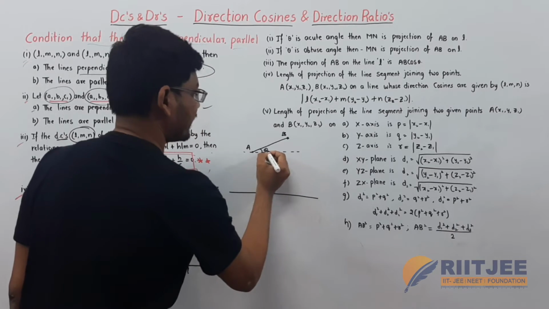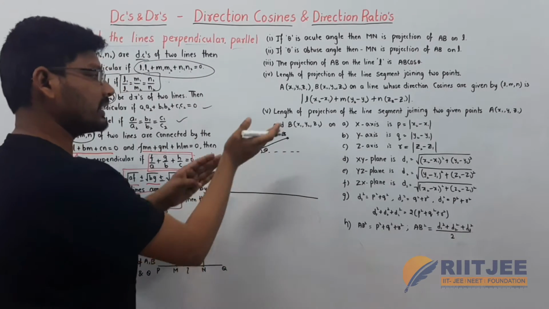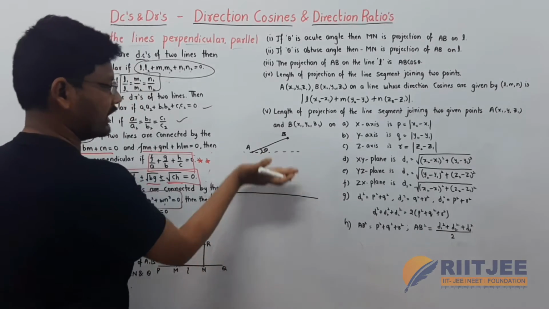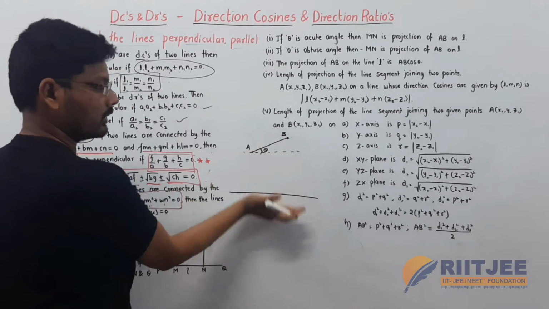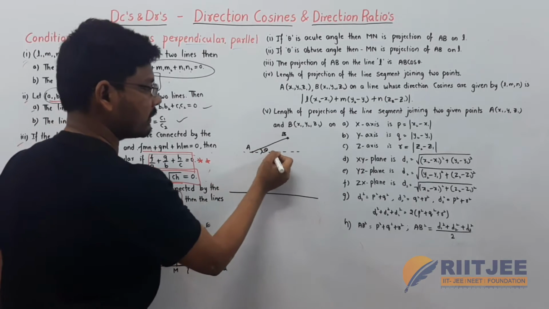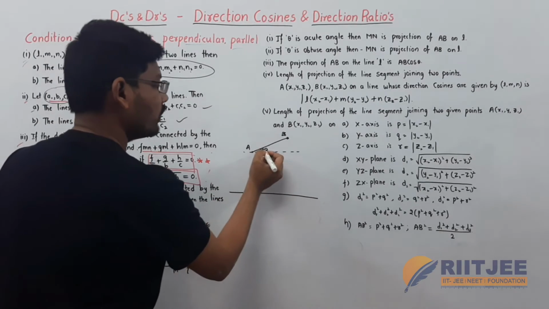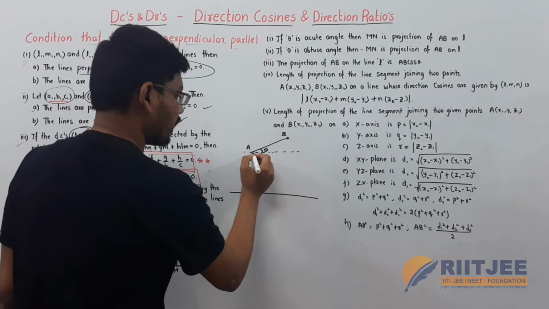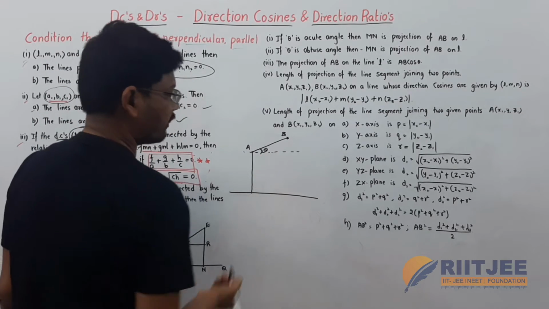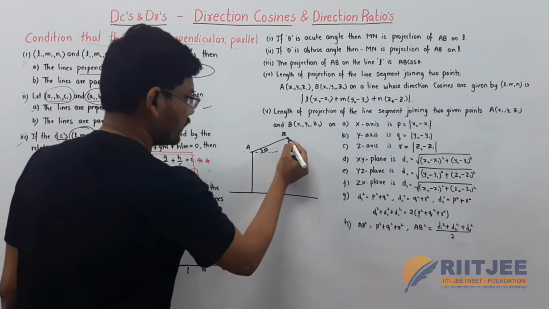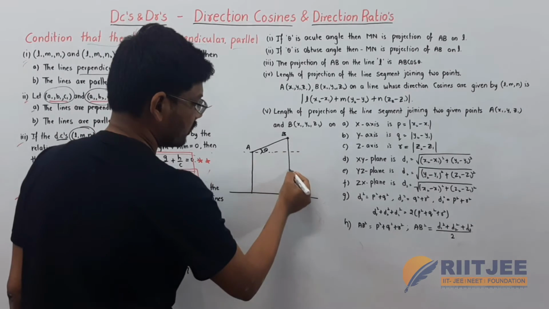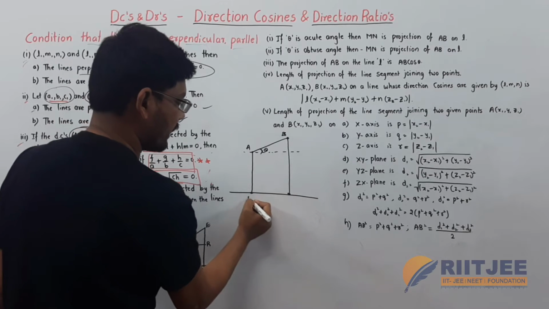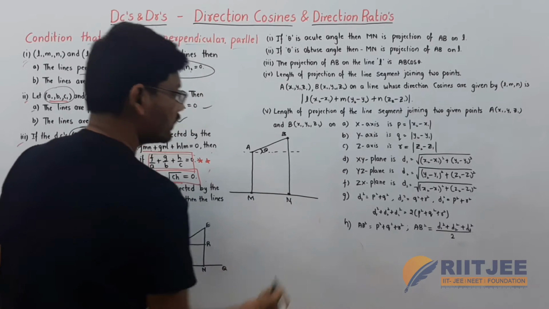This line is AB. This line makes an angle theta with the surface, inclined to the base surface. Now if you drop perpendicular lines to the surface from the points A and B, they intersect the surface at two points, M and N.